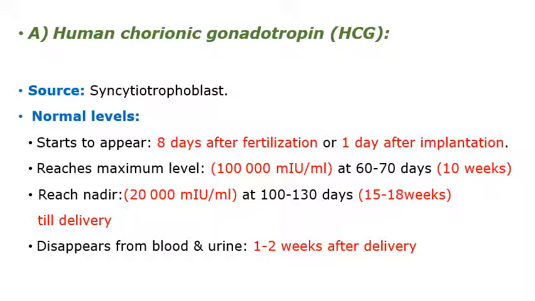Then it decreases till it reaches its nadir at 20,000 milli-international units per milliliter at about 15 to 18 weeks gestation till delivery. It disappears from the blood and urine 1 or 2 weeks after delivery.